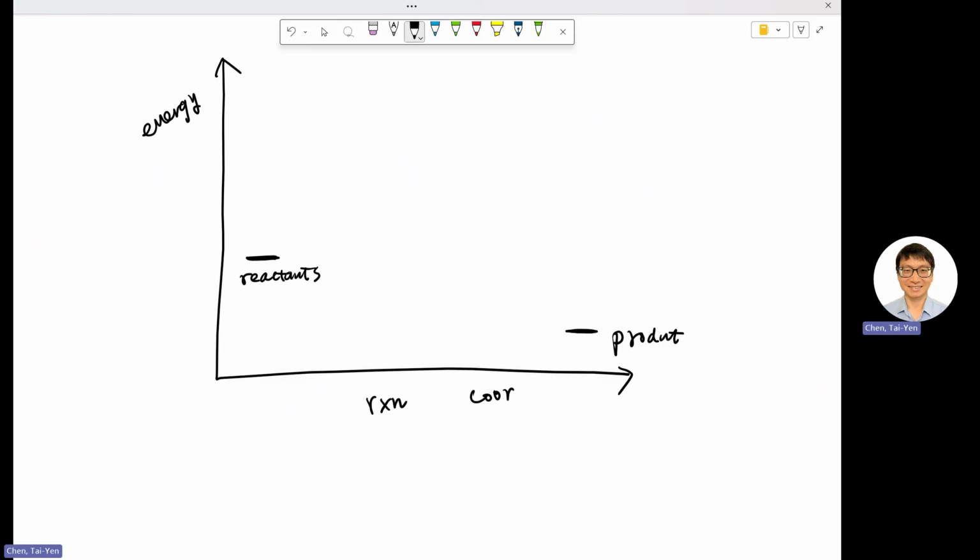Exothermic. Because you go from high energy to low energy, the energy difference between the two states is released to the surroundings. Therefore, it is an exothermic reaction. Very important, because in your test, it's going to give you a figure and ask you, is this endothermic or exothermic? So you must know how to get the correct answer.